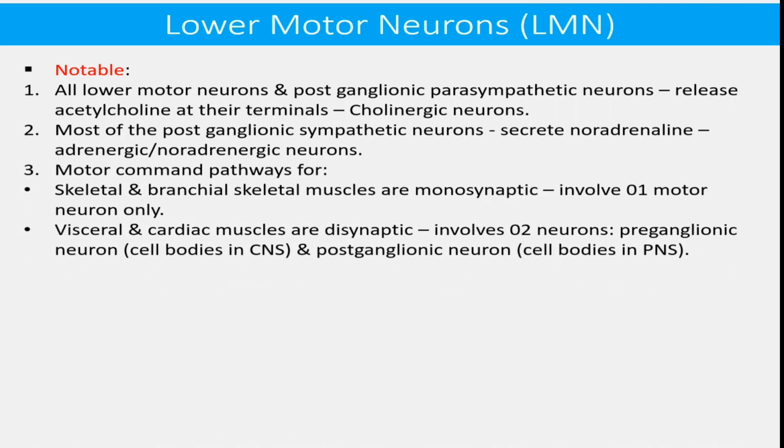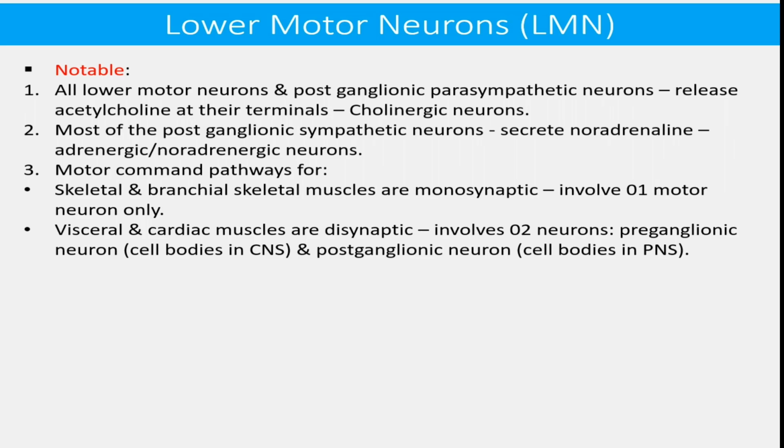Most command pathways for skeletal and bronchial muscles are monosynaptic, that is, they involve only one motor neuron. Motor command pathways for visceral and cardiac muscles are disynaptic, that is, they involve two neurons.